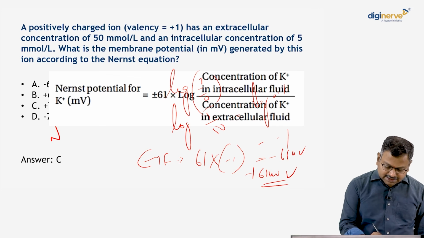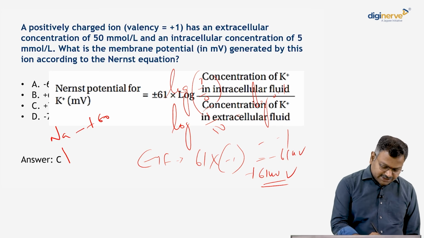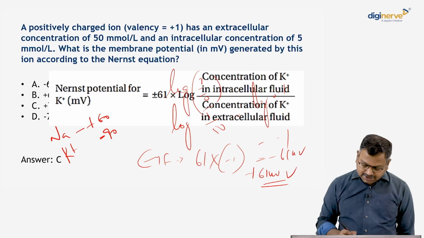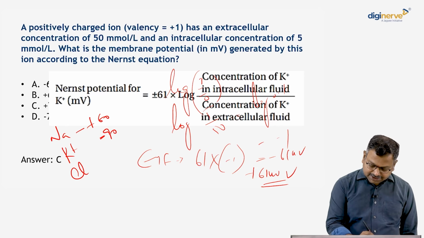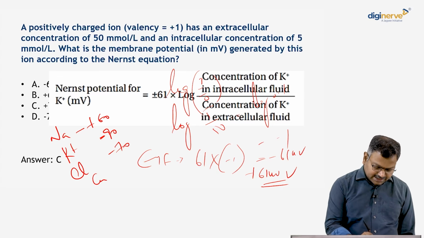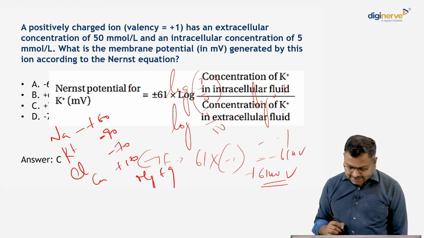Sodium has a Nernst potential value of +60 millivolts. Potassium has a Nernst value of -90 millivolts. Chloride has a potential value of -70 millivolts. Calcium has the highest, +130, and magnesium has a value of +9 millivolts.